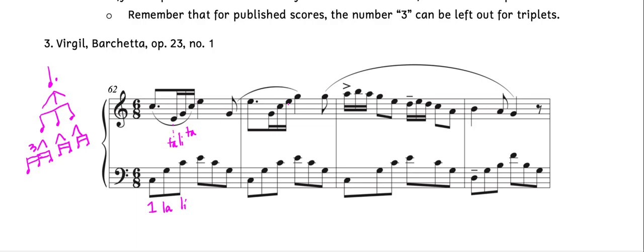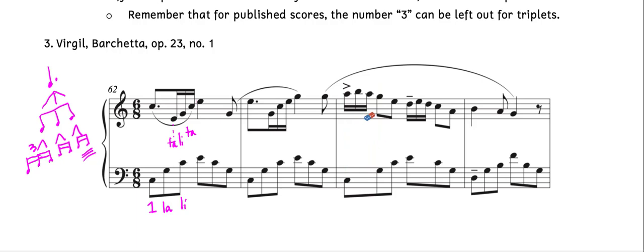Now what's going on in the next measure? We have 3 16th notes here as well. But notice they're not beamed to these eighth notes. And notice how these 3 16th notes fall within 1 eighth note. So remember, an eighth note is usually divided into 2 16ths, but here it's divided into 3 16ths.